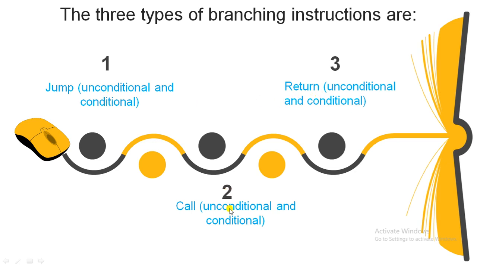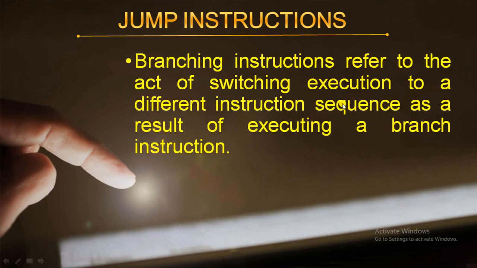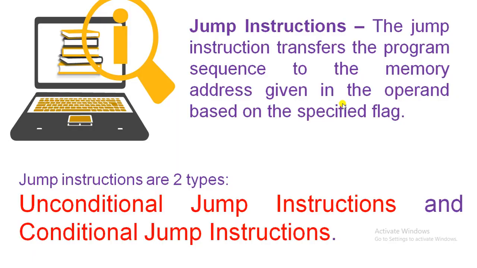The second one is call, that is conditional call and unconditional call, whereas the third one is return, that is unconditional and conditional return. But in this session we are dealing with only jump instructions. So what are jump instructions?